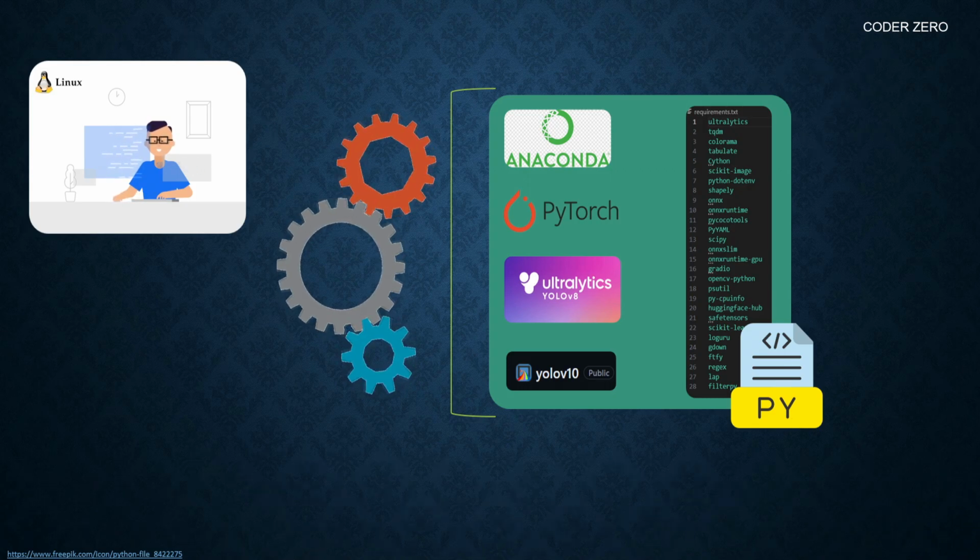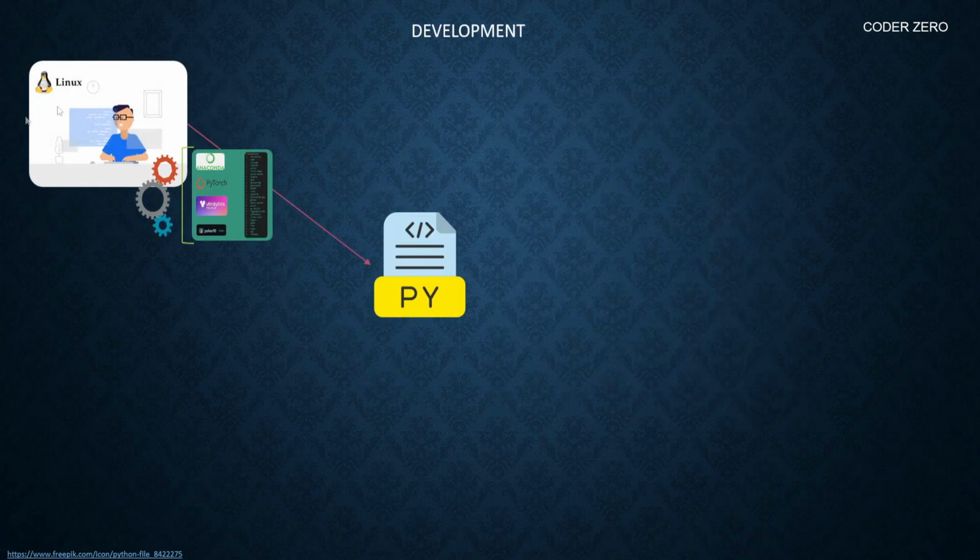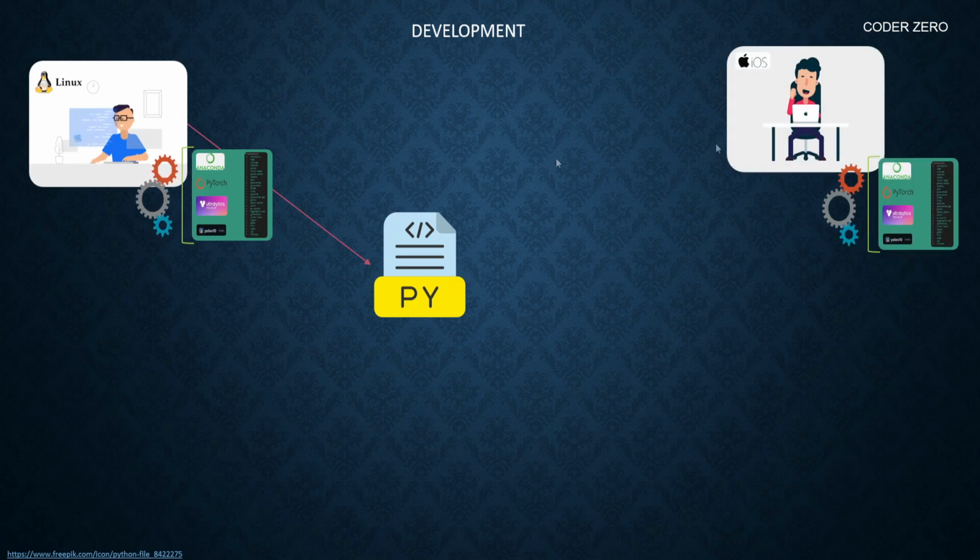Now, let's think that you have a team of people working on the same project. So here, this is you with the Linux system, and you follow the documentation of all these libraries that are related to Linux installation. Now let's say your friend has iOS system. Now he has to work on the same project.